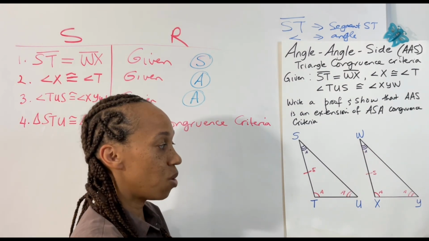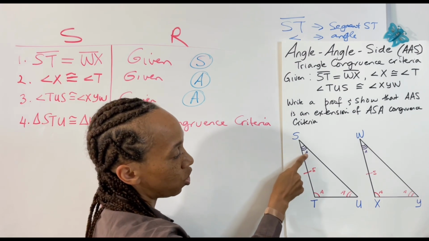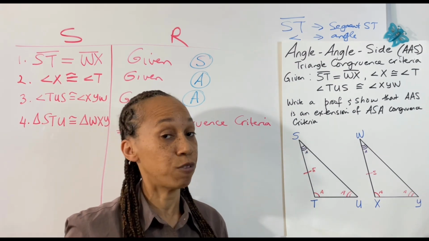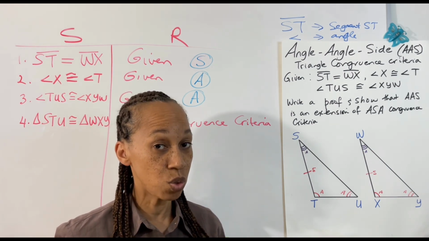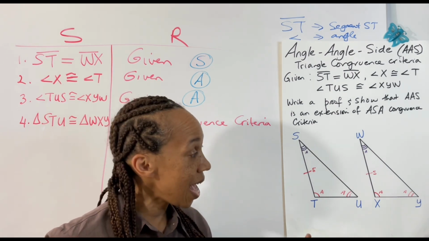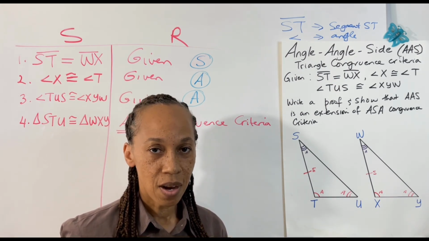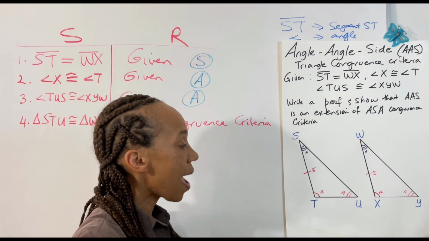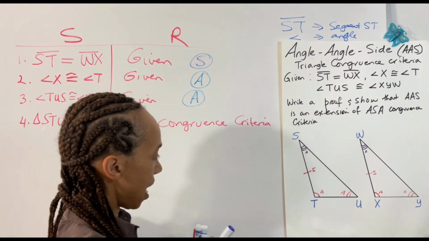Looking at this, we will note that AAS is also an extension of ASA because if 2 angles in a triangle are congruent to another 2 angles in another triangle, then the third angle is also going to be congruent. So that concludes what it means by AAS is an extension of ASA.